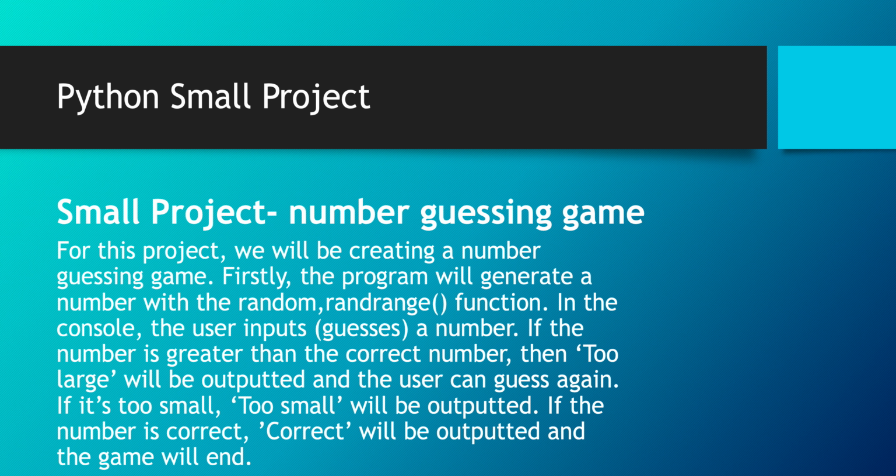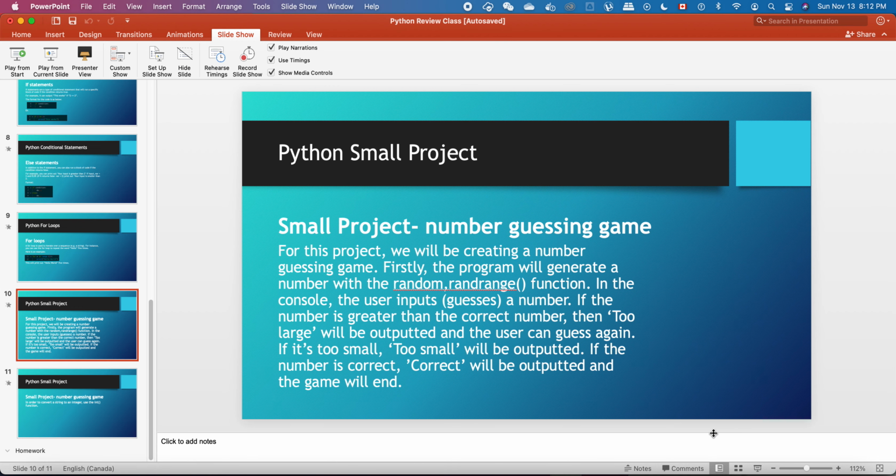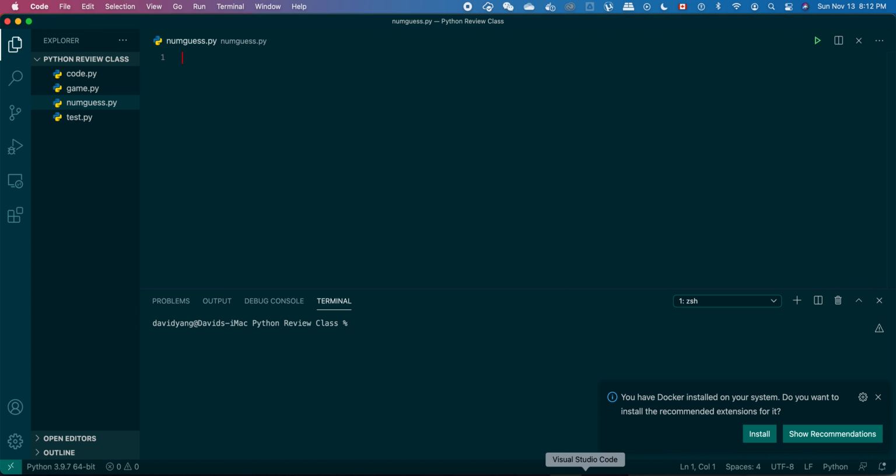In the console, the user guesses a number. If the number is greater than the correct number, then too large will be outputted and the user can guess again. If it's too small, too small will be outputted. If the number is correct, correct will be outputted and the game will end. So this is basically an overview of what it is. So let's start coding it.